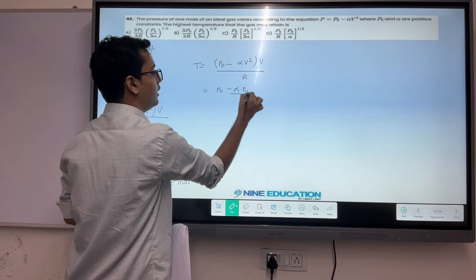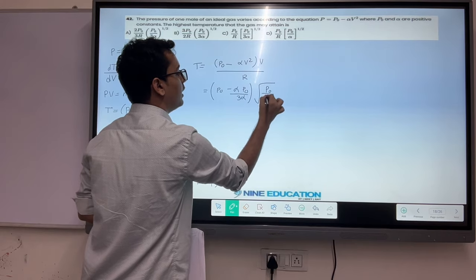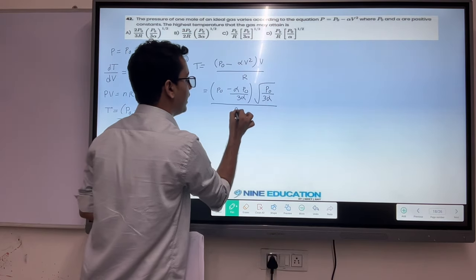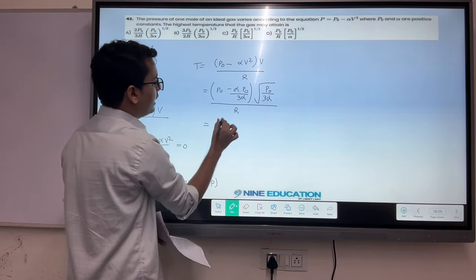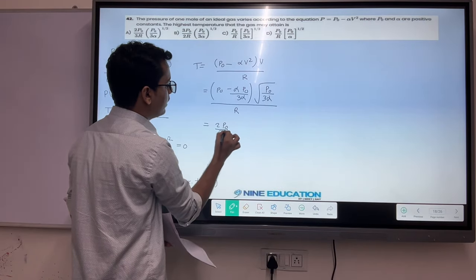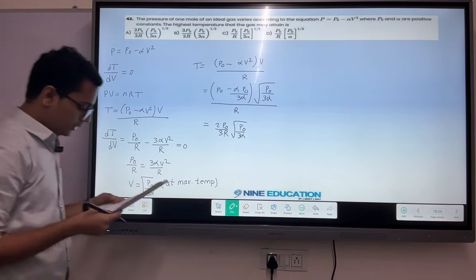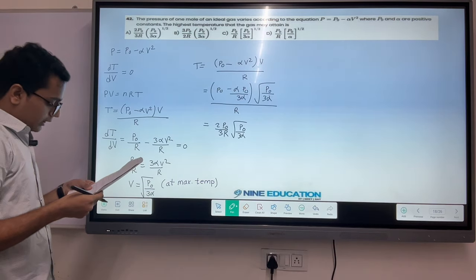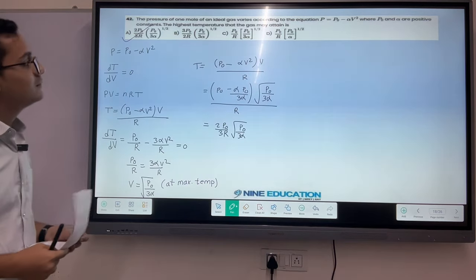This is P naught by 3 alpha into square root of P naught by 3 alpha divided by R. If you do this, you are going to get 2 P naught by 3 R into square root of P naught by 3 alpha. So the correct option is A, okay, clear?